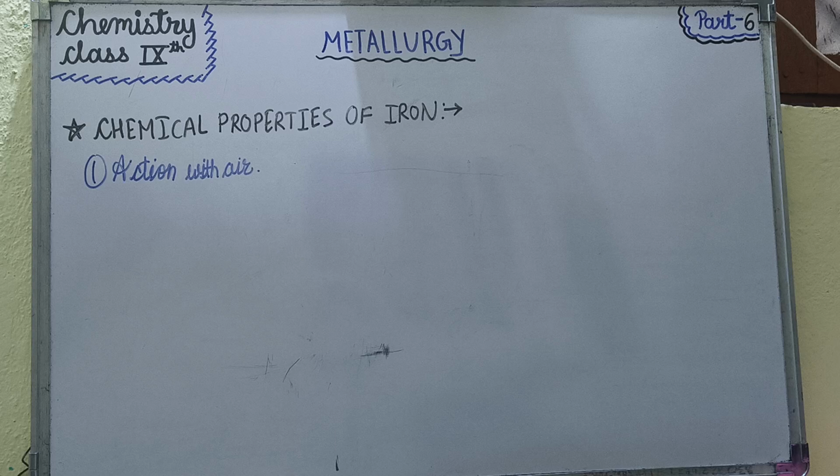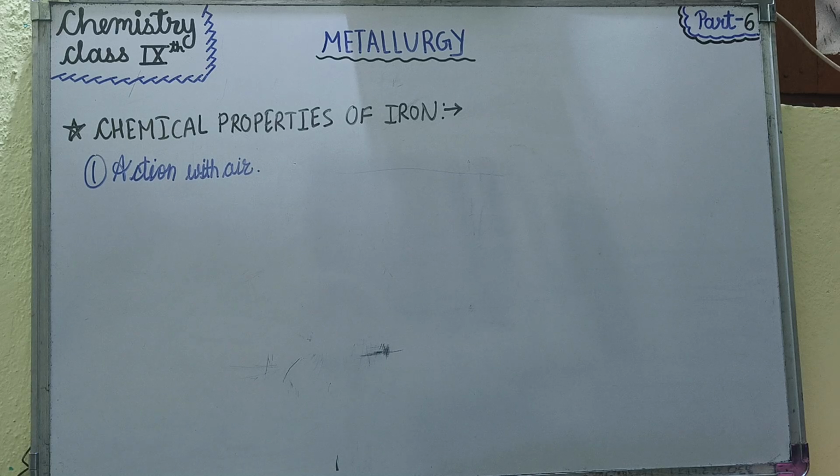Iron on exposure to moist air gives a brown coating of iron oxide and iron hydroxide. 4Fe plus 3O2 plus 3H2O gives Fe2O3 plus 2Fe(OH)3, which is rust.